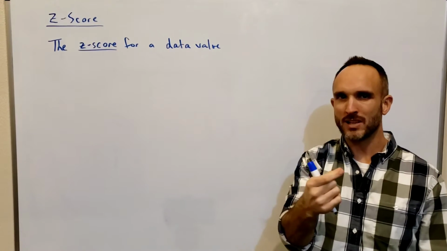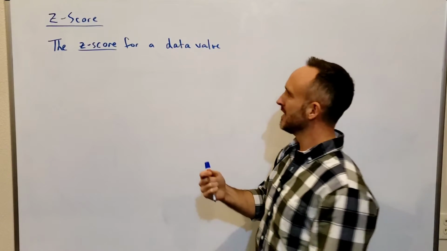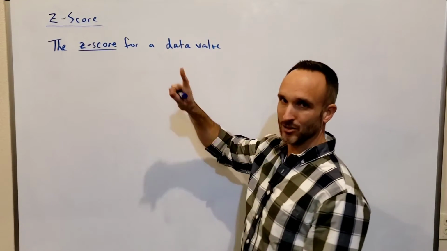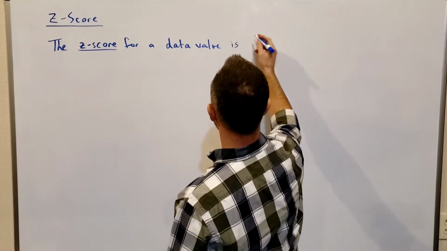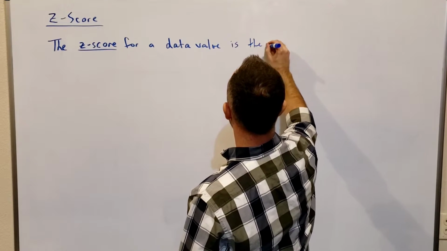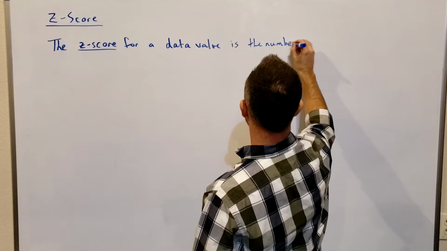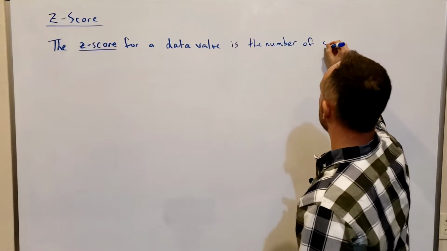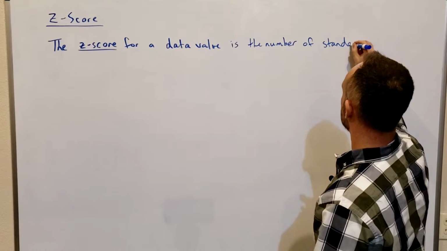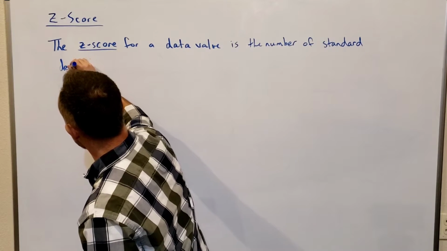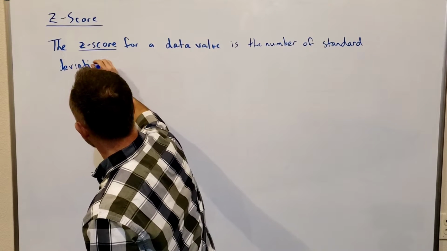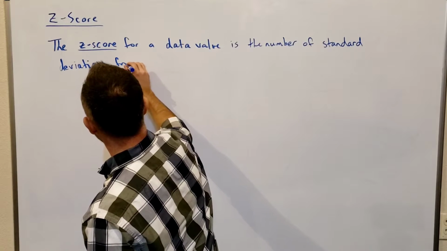The way to measure that standard distance is in terms of standard deviations. So the z-score for a data value is the number of standard deviations from the mean.